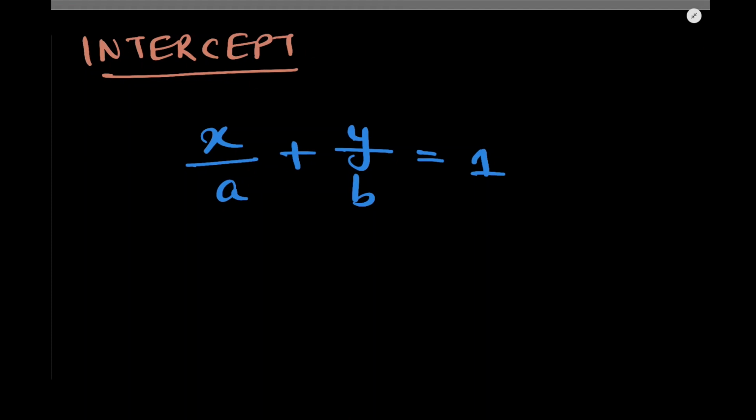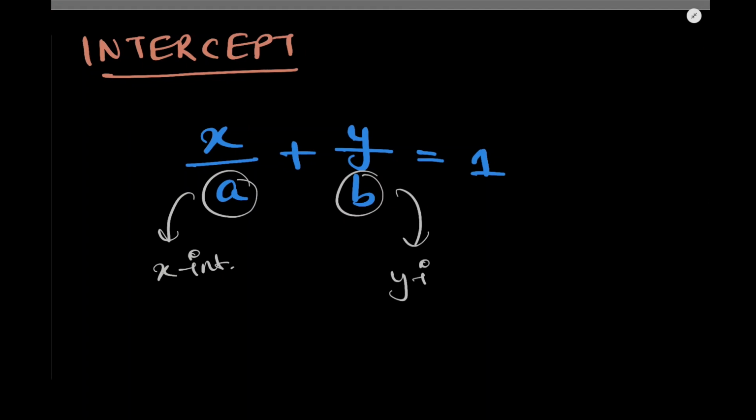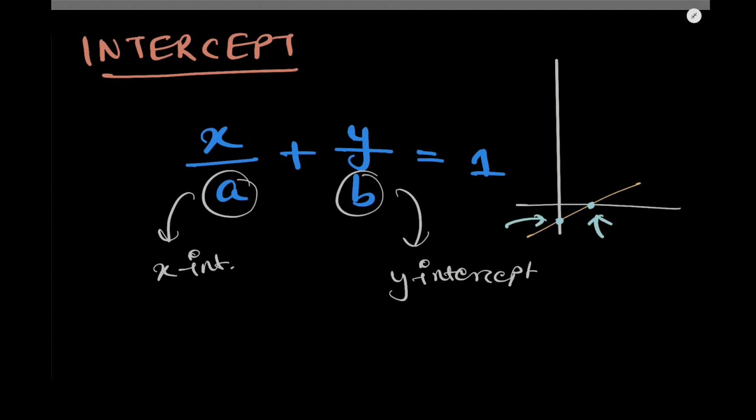Okay, now here you will find A is the x-intercept and B is the y-intercept. So if you have got a graph like this, and this is the line here, you can see that this point here and this point here are the intercepts, this being the x-intercept and this being the y-intercept.